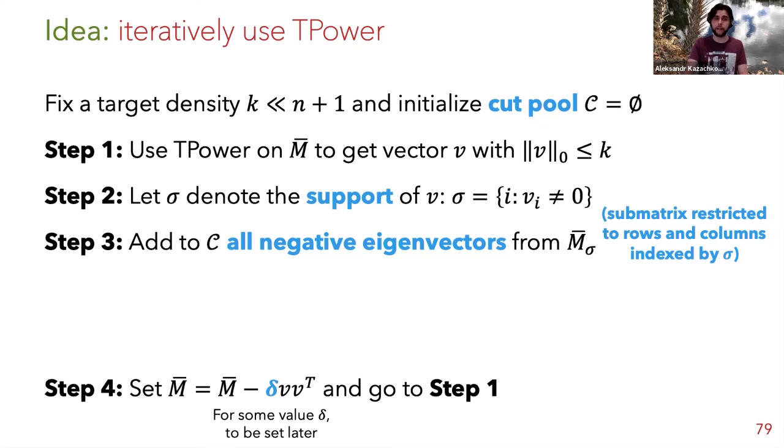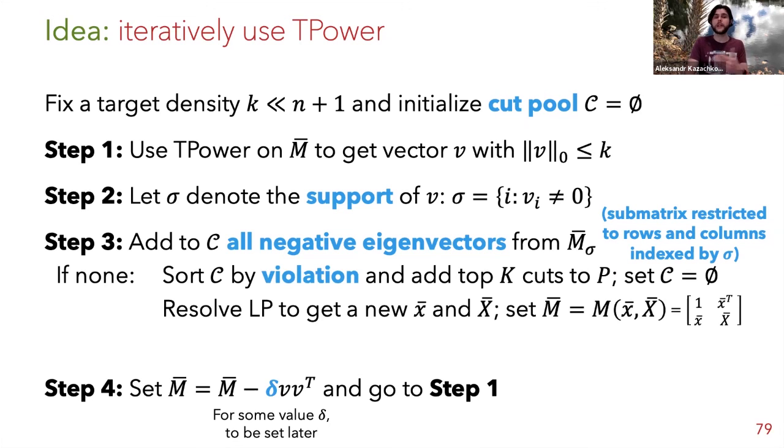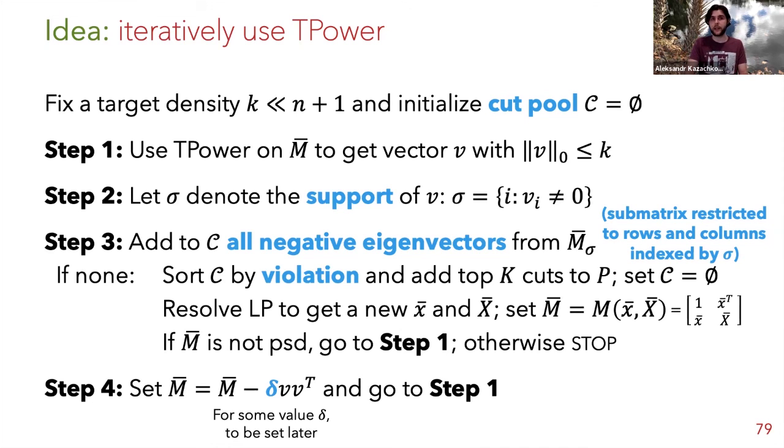At some point, we might not have any more negative eigenvectors. So we're going to add the cuts and reoptimize. What we will do is we will sort our cut pool by violation and only add the top K of those cuts, not all of the cuts that we obtained throughout this process, just the top K of them. Empty out our cut pool, resolve the LP, get a new M bar, and return to step one if we haven't yet solved the problem.